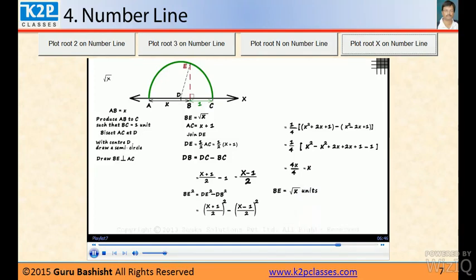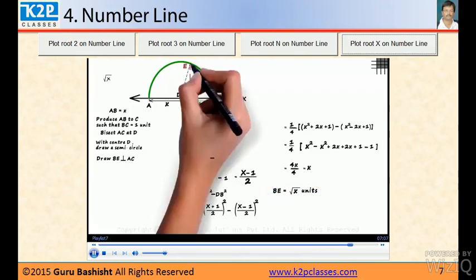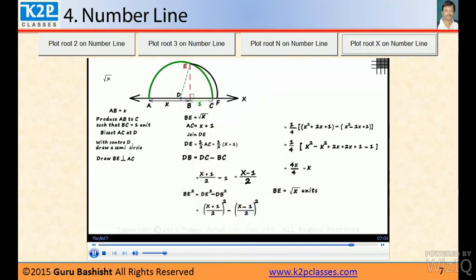The proof is long, but is very straightforward. The construction is simple, the steps are simple, and to prove it, all we need to do is focus on the triangle. Once we know that BE is root x units, all we need to do is keep the vertex of the compass on point B and mark an arc like this to cut the x-axis at point F. Length of BF will also be root x units.